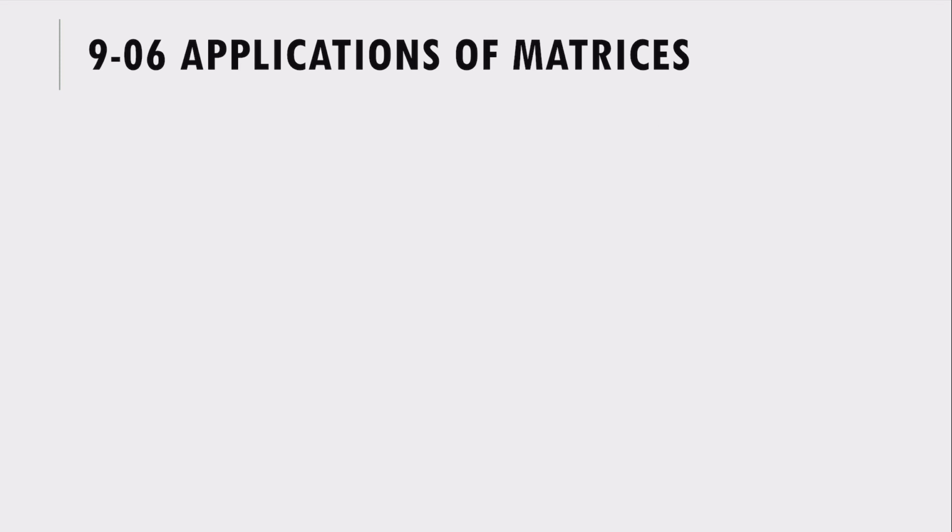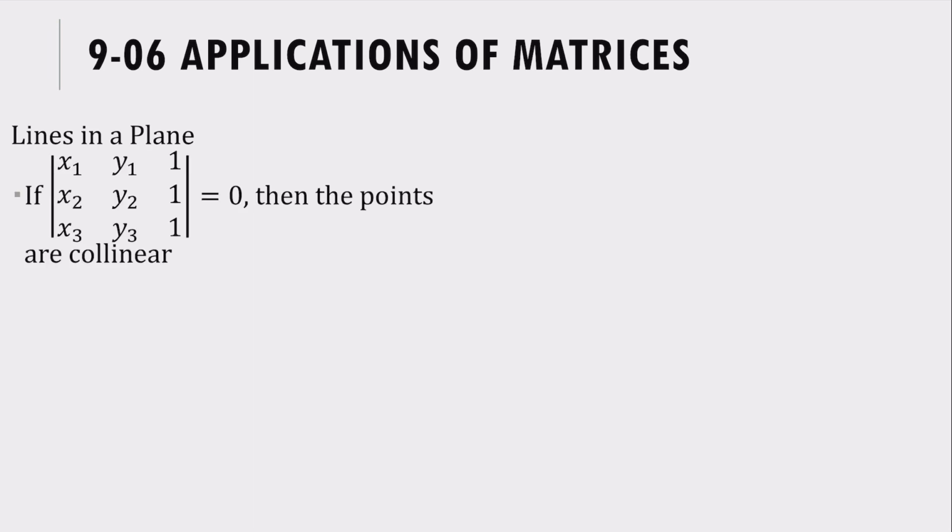If we can find the area of a triangle by using the determinant with those points, then what if the area is 0? If the area is 0, then the points are on a straight line. So that is a way we can test to see if 3 points are collinear. We don't have the 1/2 because it equals 0. So 1/2 of 0 is still 0.